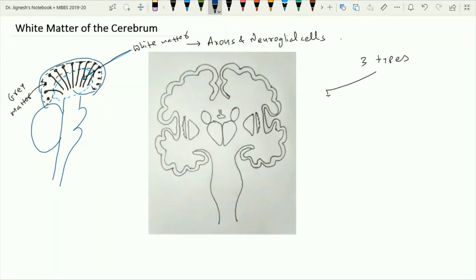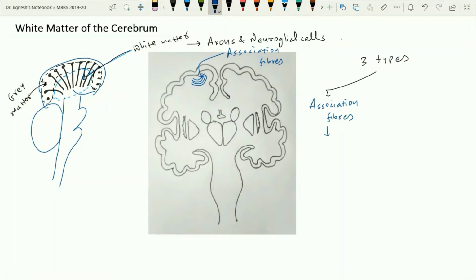Some axons of the neurons connect the nearby cerebral cortex areas, and these fibers are present within the same hemisphere and connect two different areas of the same hemisphere. This type of fiber is called the association fiber.